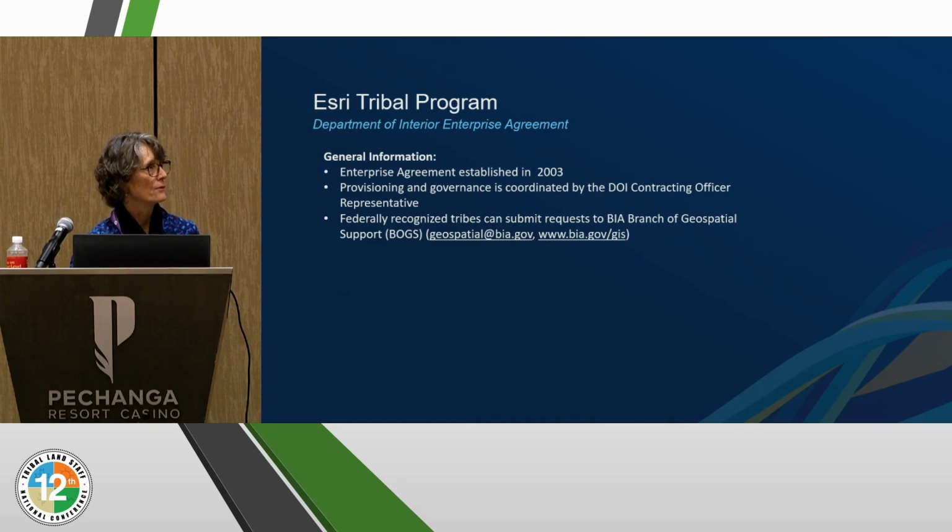And the federally recognized tribes have been included in the enterprise agreement since 2003, the first one. And they can go to the BIA's Branch of Geospatial Support to find out how to get software. They also provide training, as many of you probably know, and technical support.